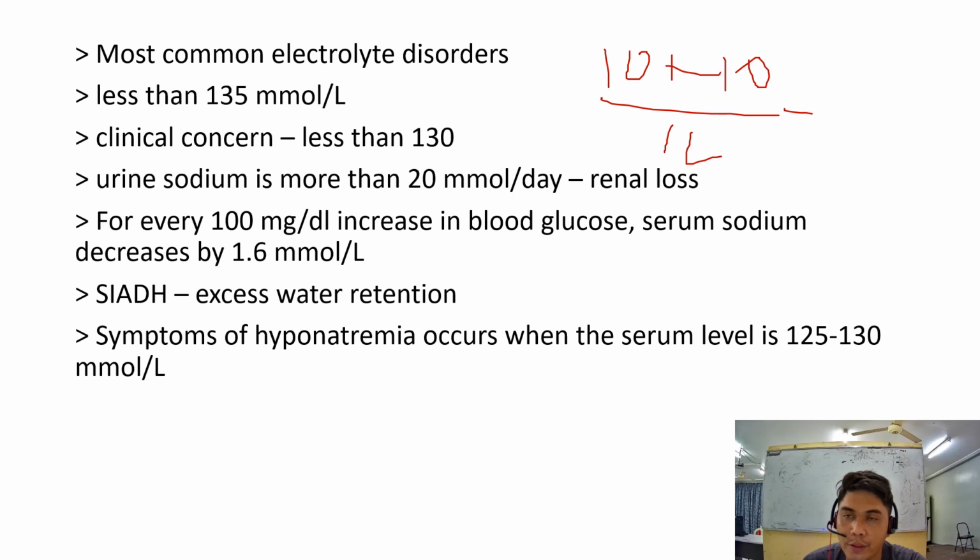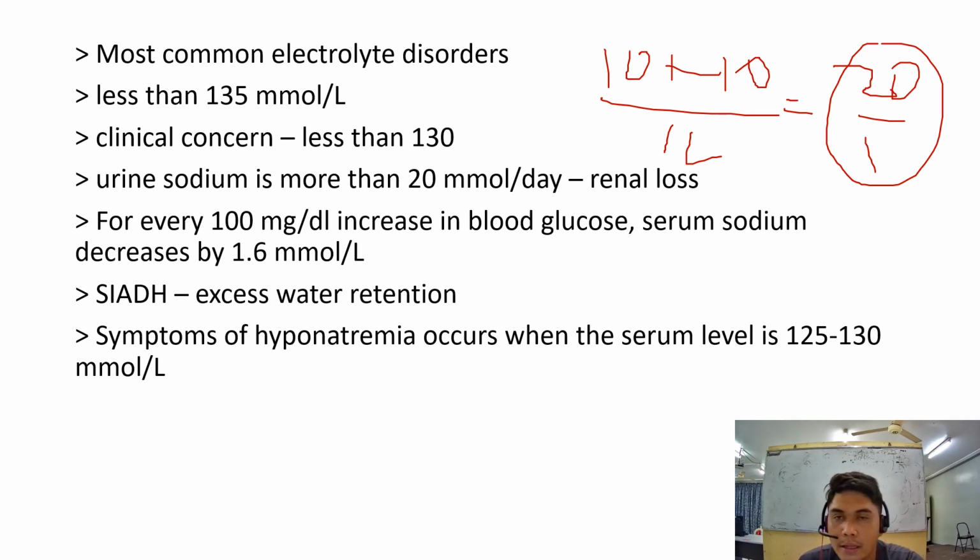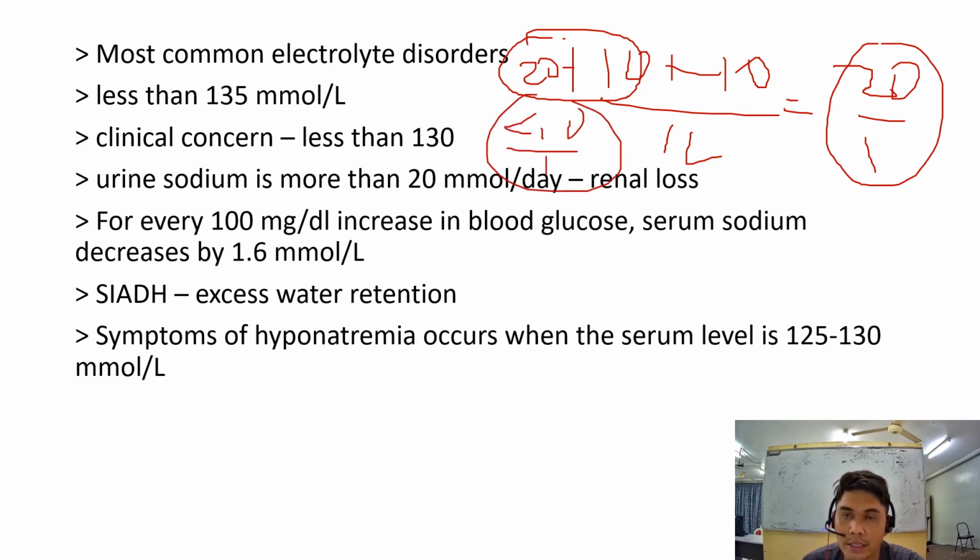If we compute this, it's 20 over 1, so the osmolality is 20. Now if we add more glucose, for example plus 20, this is 30 plus 10, that's 40. 40 divided by 1, the osmolality is 40. So there's an increase in osmolality.